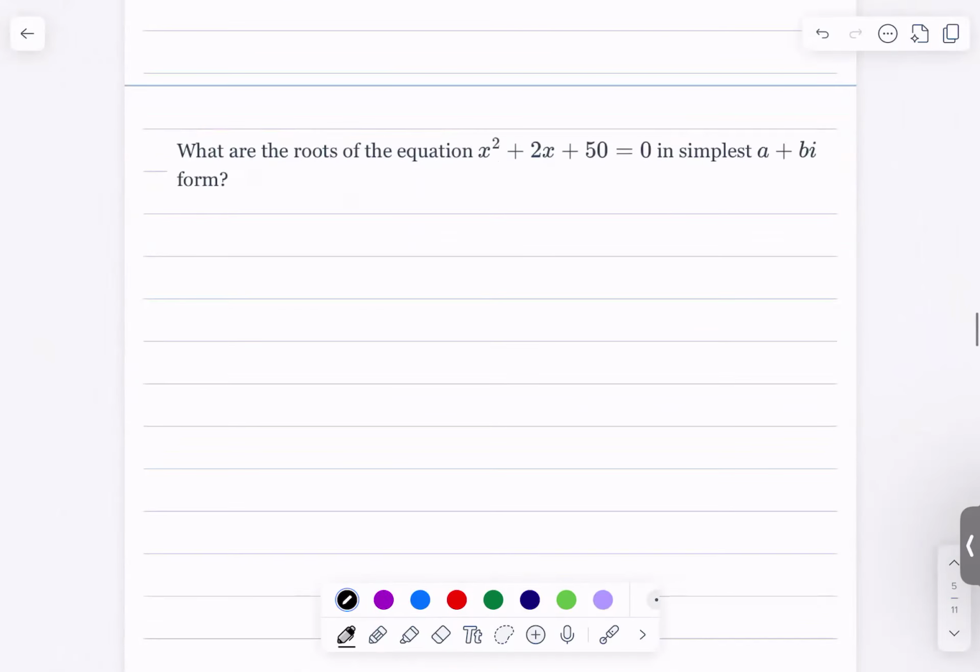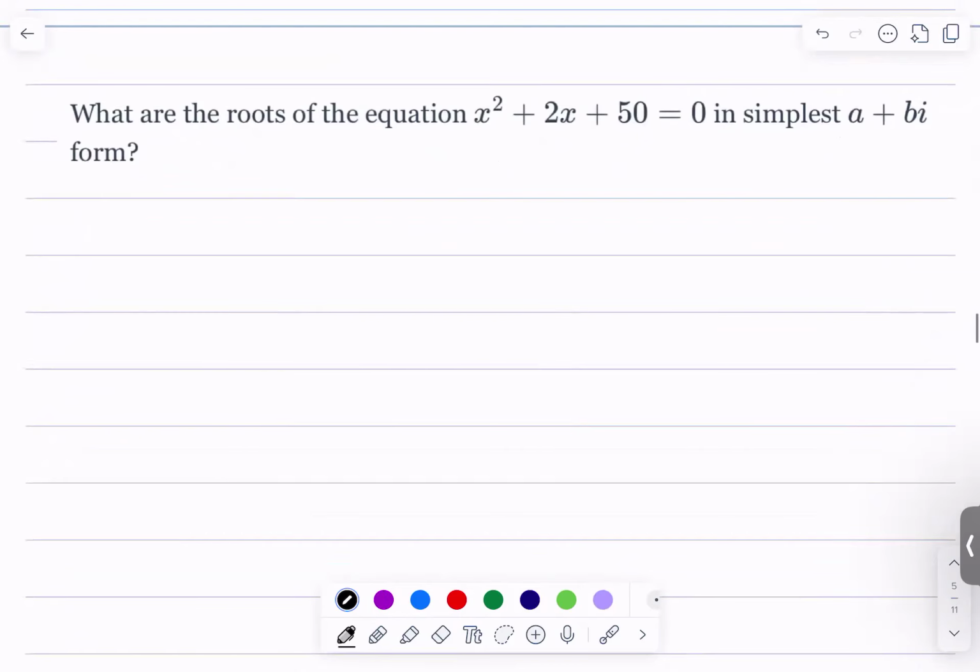So with this one here, what are the roots of the equation x squared plus 2x plus 50 equals 0 in simplest complex root form? Since I showed you one in quadratic formula, I'm going to show you this in completing the square. Okay.